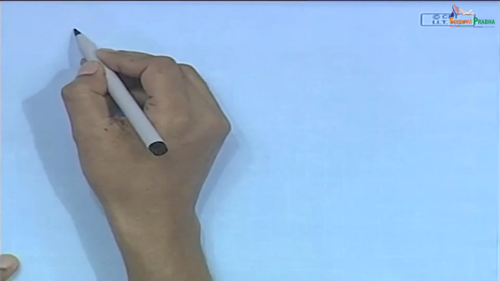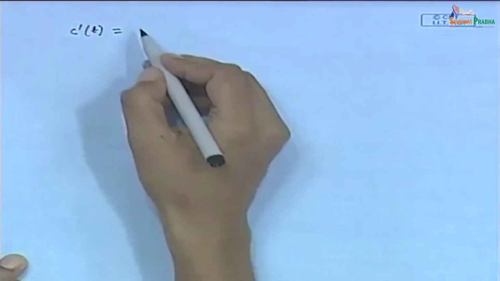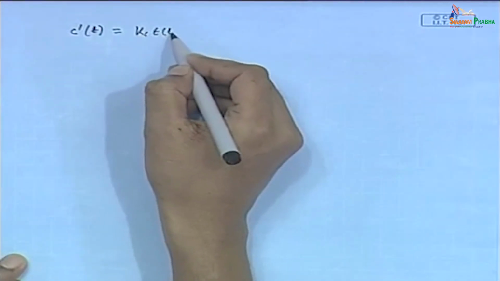Now we wish to determine the transfer function of the controller. You see, for the P only controller we got C prime t is equal to Kc epsilon t. Fine.